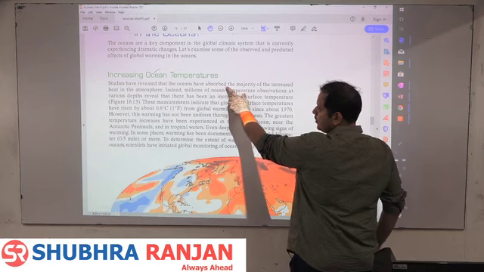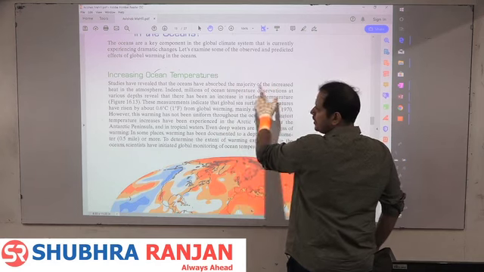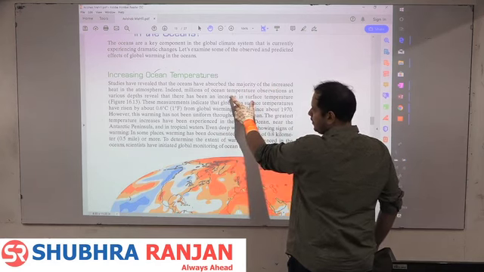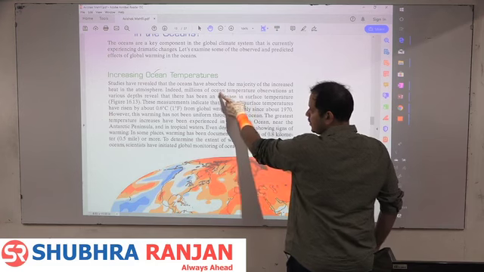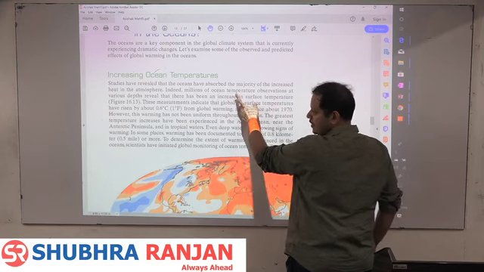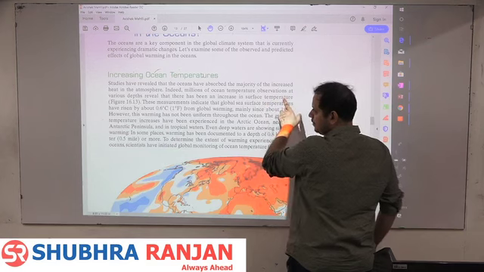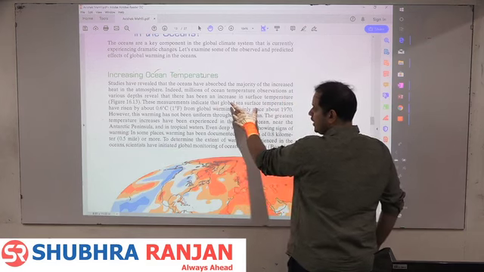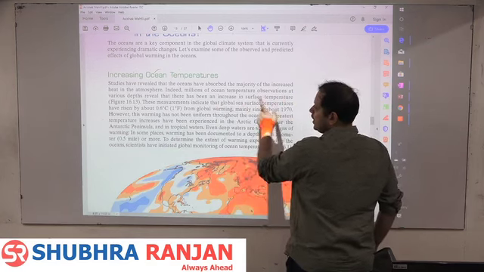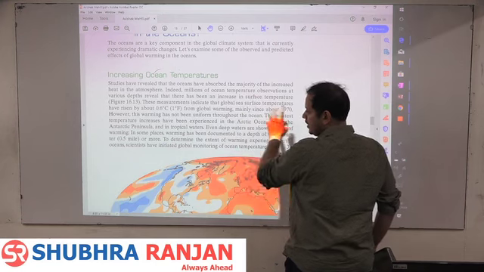Studies have revealed that oceans have absorbed the majority of increased heat in the atmosphere. Millions of ocean temperature observations at the various depths reveal that there has been increase in the surface temperature. The measurement indicate that the global sea surface temperature has increased by 0.6 degrees Celsius.